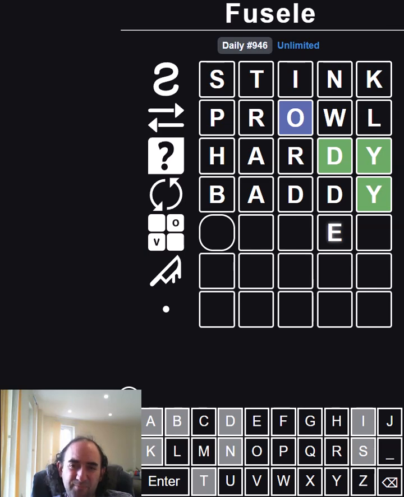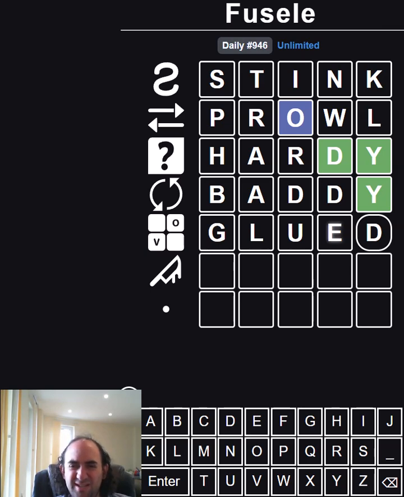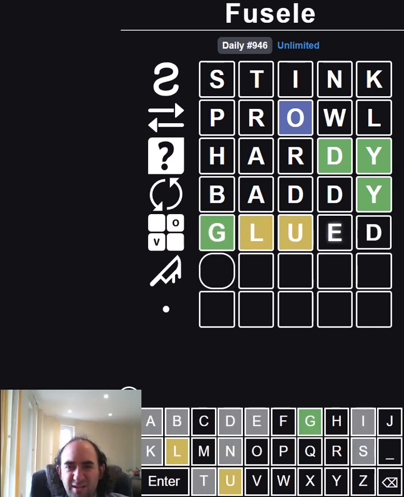Maybe gully. Okay, so if gully is what we're testing, let's just try glued. It's a little bit of a waste because we know there's no D, but it does try a bunch of other new letters. It is going to be gully, isn't it?